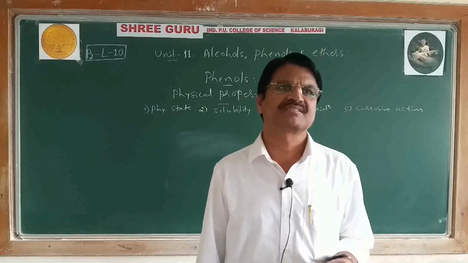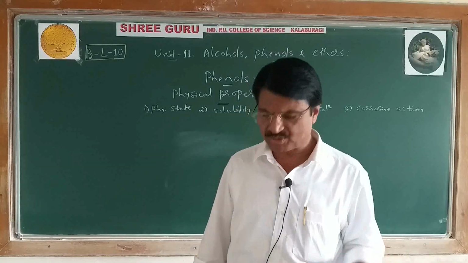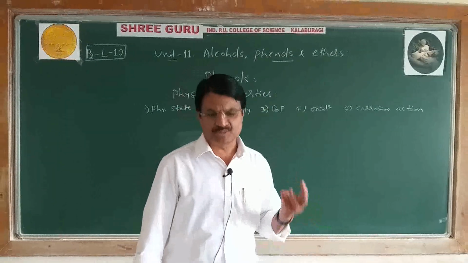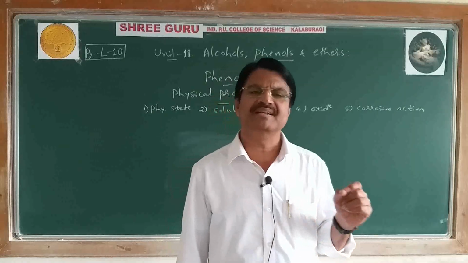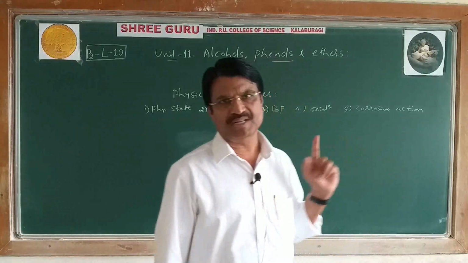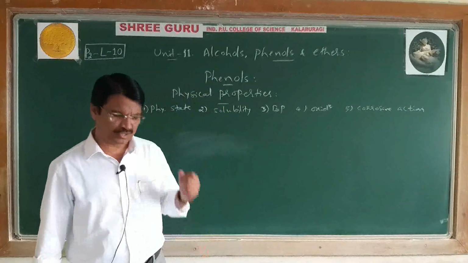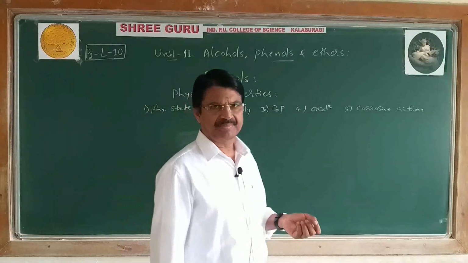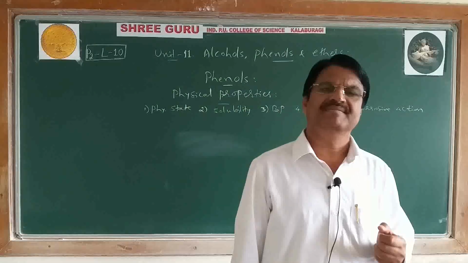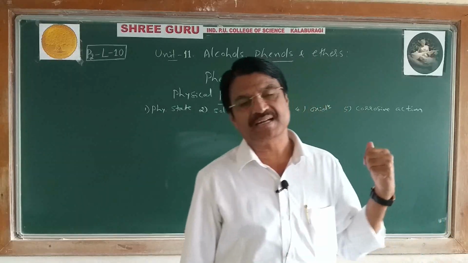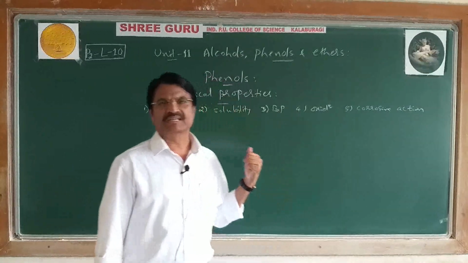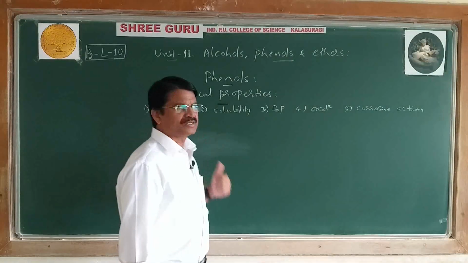Phenol is a colorless crystalline solid that melts at 42 degrees, and its boiling point is 182 degrees. It has a strong phenolic odor. We cannot compare it with other smells, therefore it is said to have a characteristic odor. Then solubility of phenol.